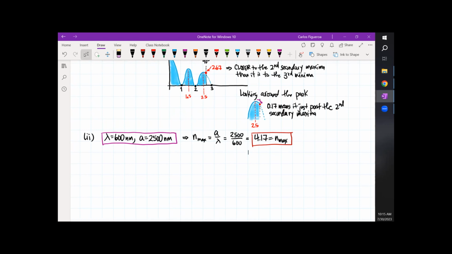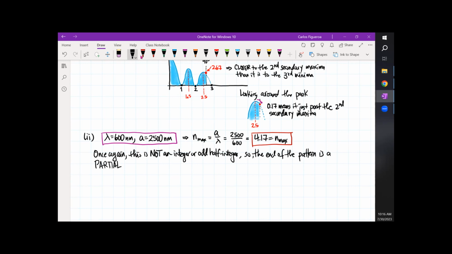So once again, this is not an integer or odd half integer, so the end of the pattern is a partial maxima.